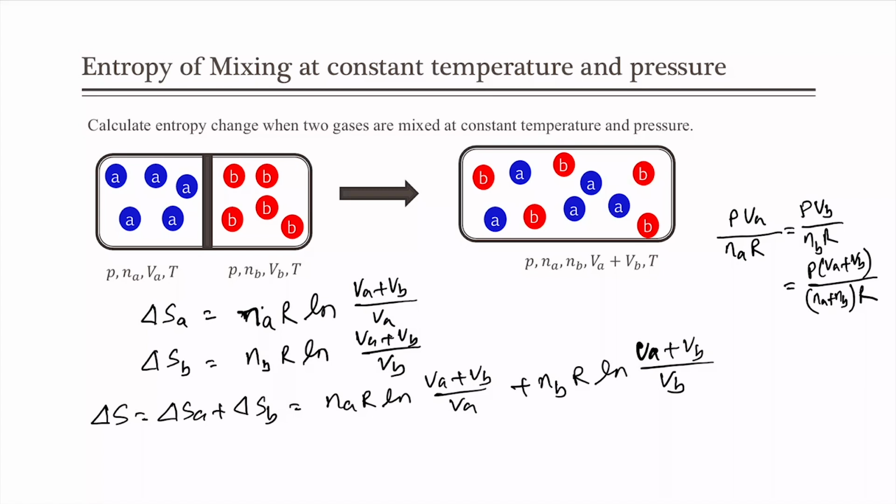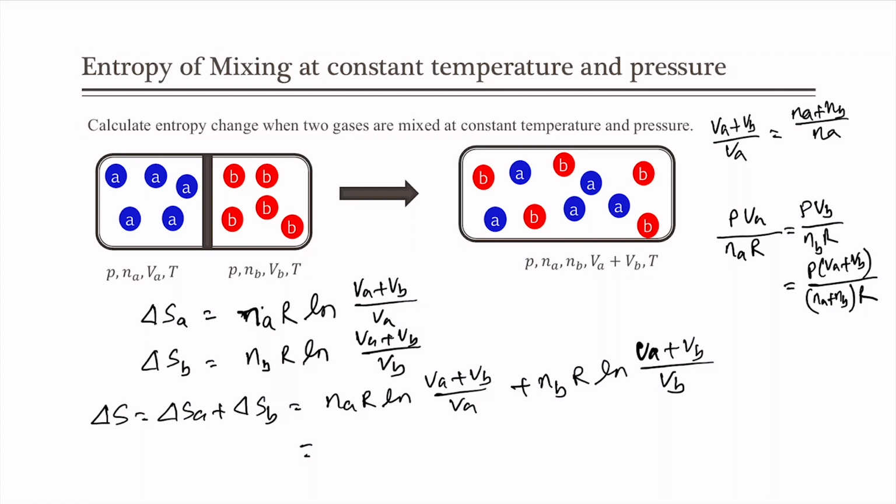Now, if I use this relation, P cancels of course, and then we get (V_A + V_B)/V_A equal to (n_A + n_B)/n_A.